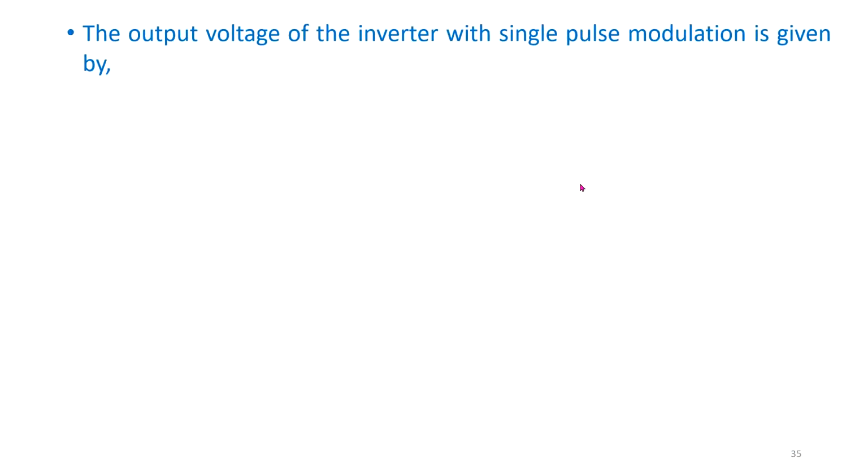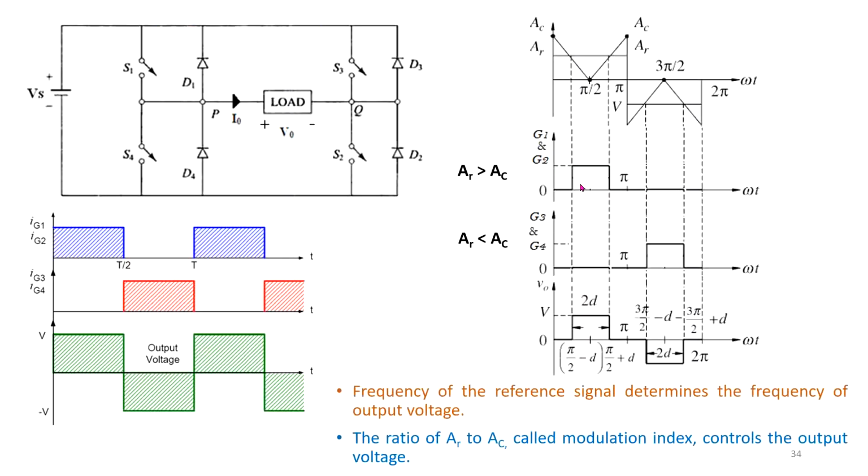The output voltage of the inverter with single pulse modulation is given by this. You can find it in any textbook; we don't need to go into the details. Actually, it is derived from here.